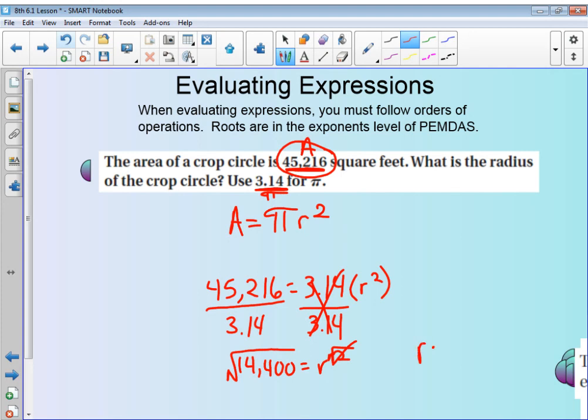You should have gotten r equals 120, and then our label would have been feet.